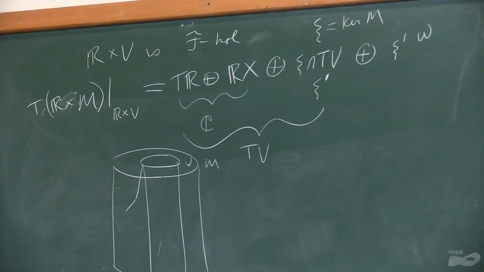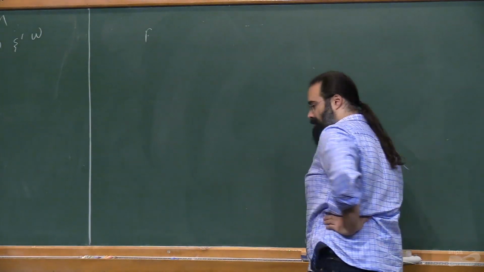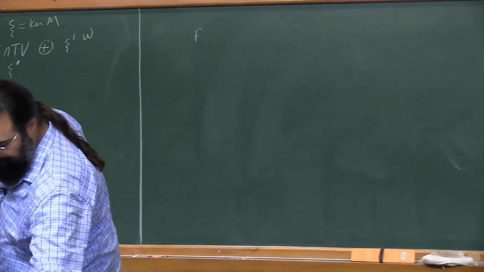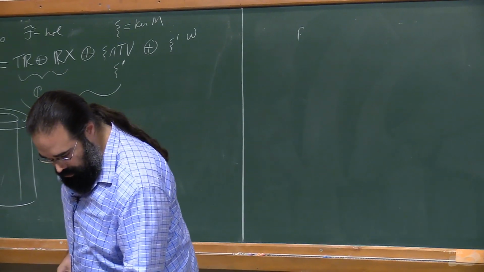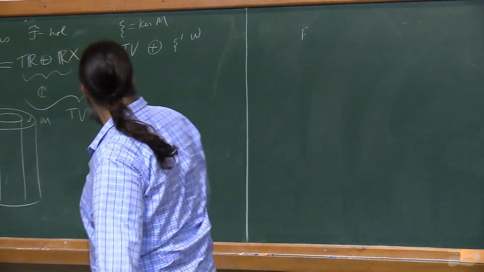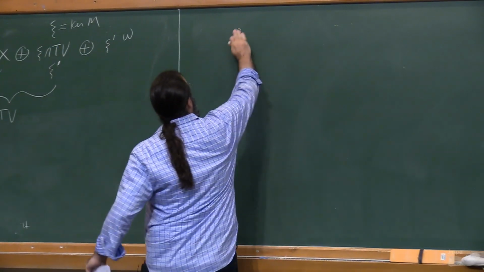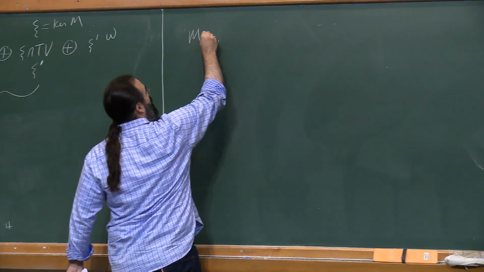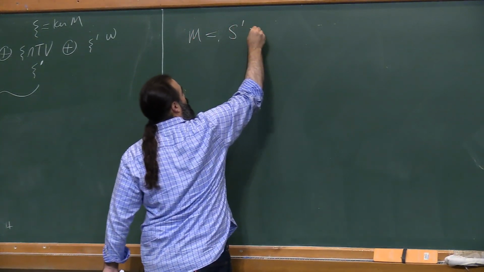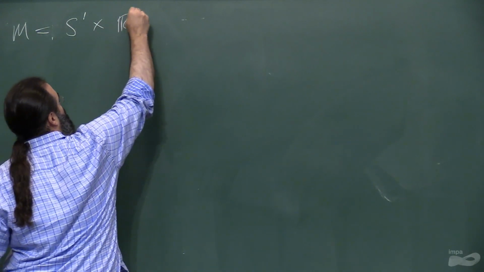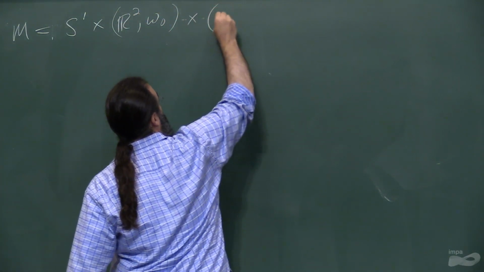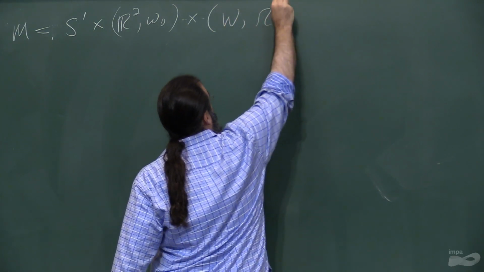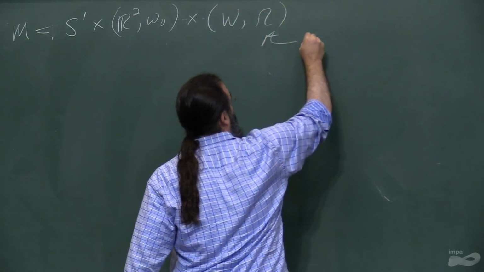All right, so let's look at this example where I can write things down explicitly. Hopefully I have time. So my manifold here is going to be S1 crossed with R2, and we'll equip that with its standard symplectic structure, crossed with your favorite closed symplectic manifold.